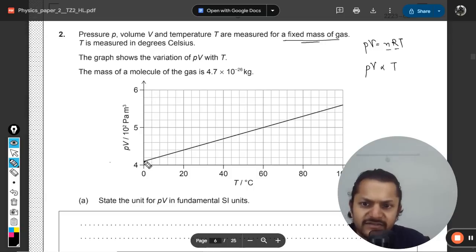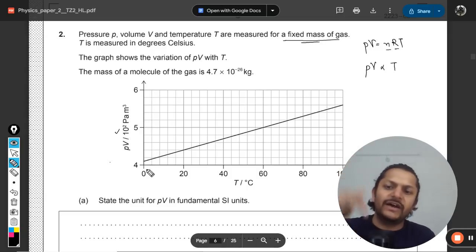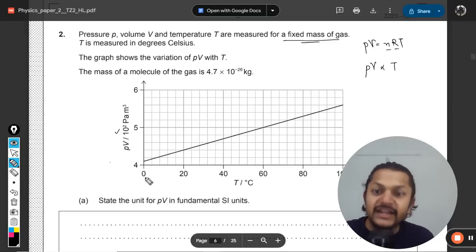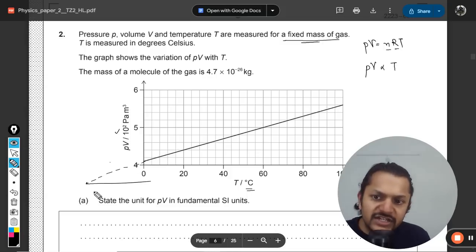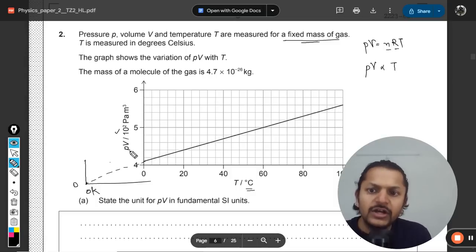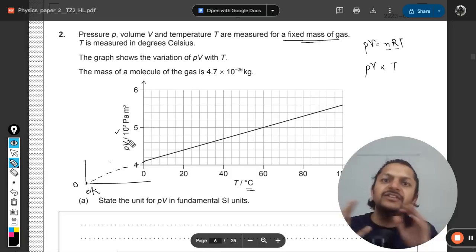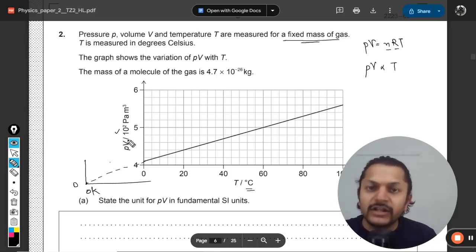You clearly see this is 400 here, but it is not 0 on the y-axis, and on the x-axis it is shown 0, but it is not 0. This is degree centigrade, and we are talking in terms of Kelvin. So basically when you extrapolate this curve, it should reach 0 Kelvin temperature, and it should reach 0 pressure, 0 volume, everything should become 0. That is why we call it absolute 0.